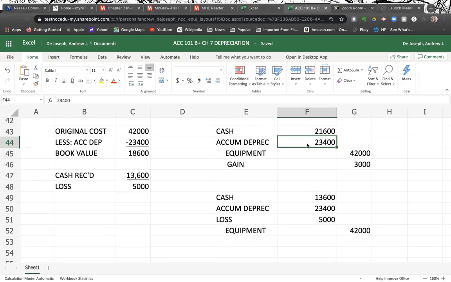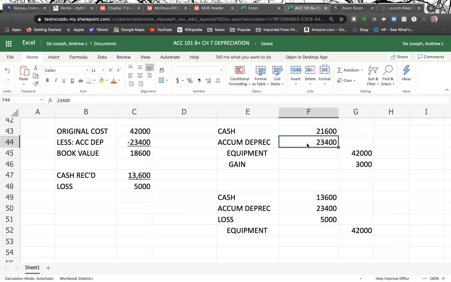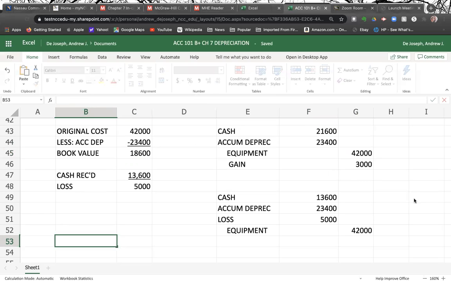You would still have to debit accumulated depreciation for 23,400. You would still have to credit equipment for 42,000. The difference would be the book value, and the entire book value would be a debit to loss. But they didn't ask for that here, so there's no reason to do it.